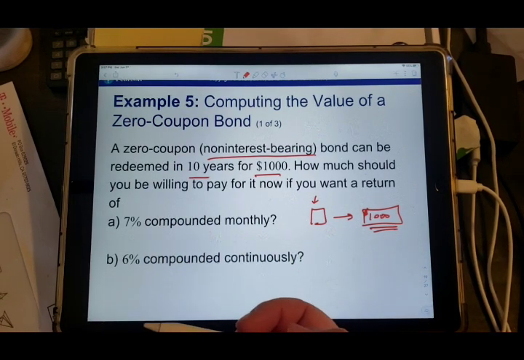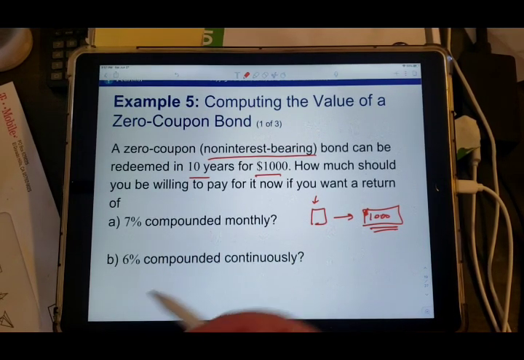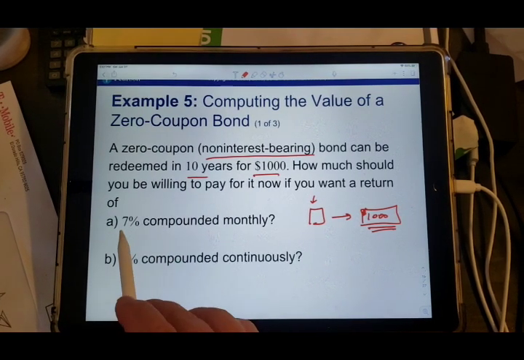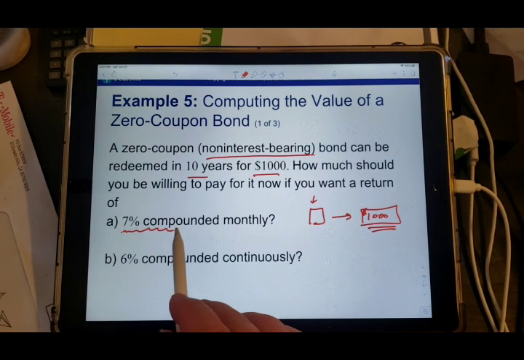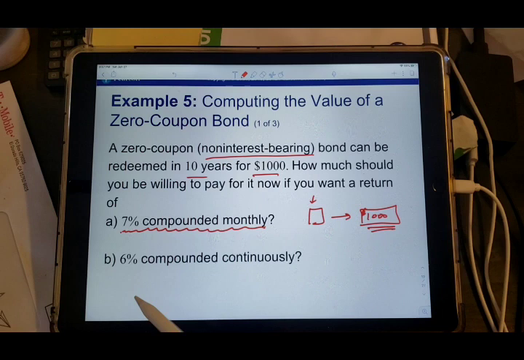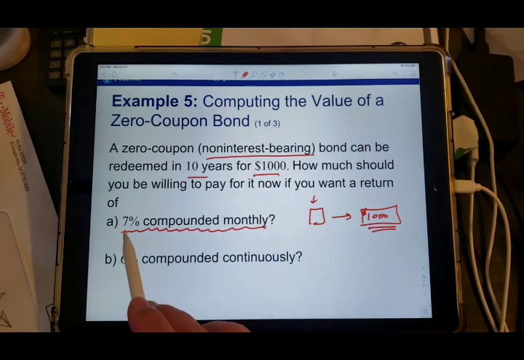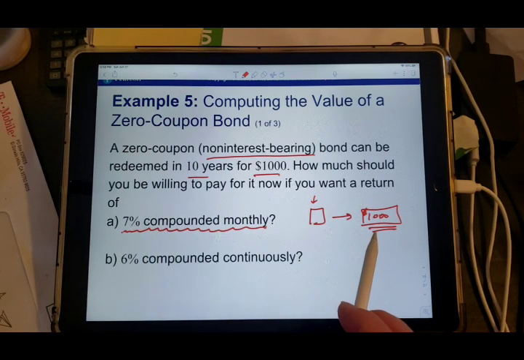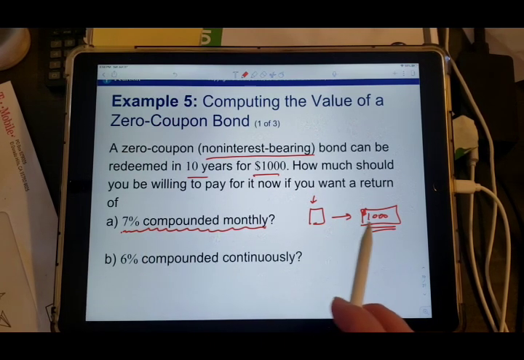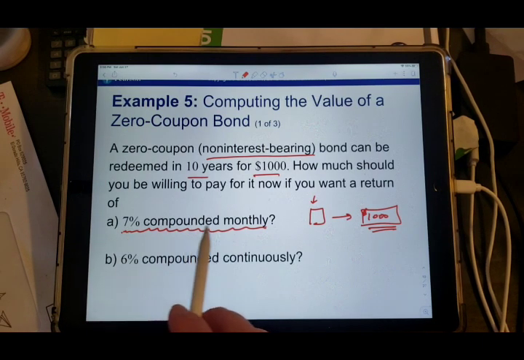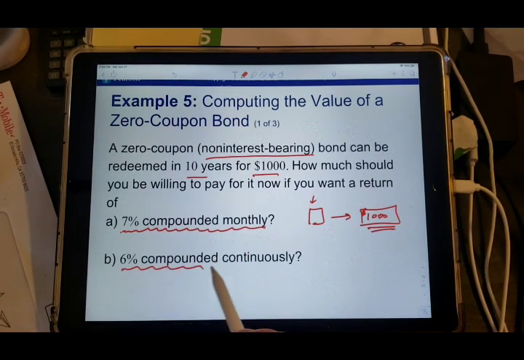Well, this isn't just a feeling. This isn't just, well, I feel like I'd pay $500. No. The idea is you have to compare it to putting your money away compounded monthly. Let's say you did pay $500. And instead of doing this deal where you just doubled your money in 10 years, you put it away at 7% compounded monthly, or you put it away at 6% compounded continuously.